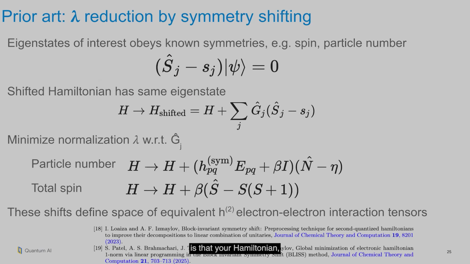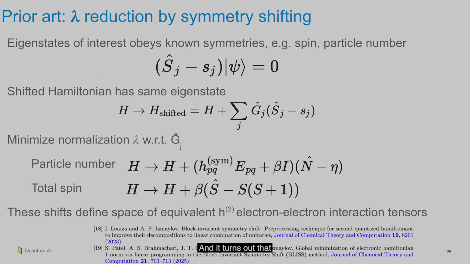So what this means is that your Hamiltonian that you use for electronic structure is equivalent to any Hamiltonian that is this annihilator multiplied by an arbitrary operator. So really, when we find good sum of squares representations, you are finding the best betas and lambdas with respect to a continuous space of equivalent Hamiltonians that are given by these symmetry shifts. So this is just a variational freedom that we have to find good solutions.